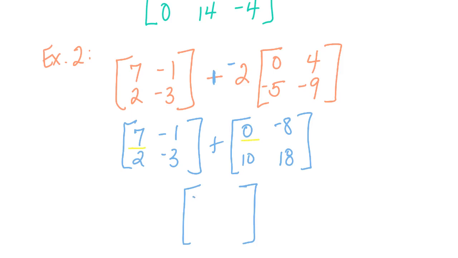So that's going to give me a 7. First row, second column. So that's going to give me a negative 9. Second row, first column. So that should give me a 12. And the last should give me a positive 15.